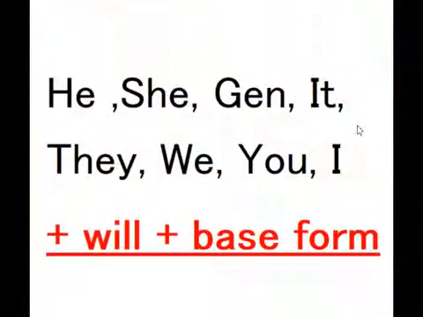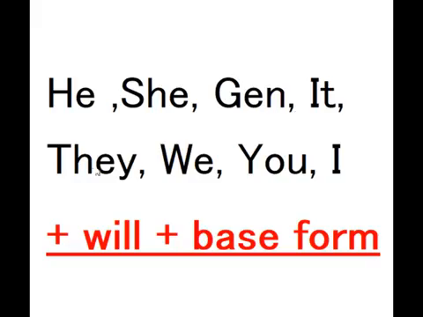We'll be learning the plural subjects and the singular subjects. Actually, in the previous videos that I took, I discussed the singular subjects and the plural subjects. So the singular subjects are he, she, Jen, it, of course.